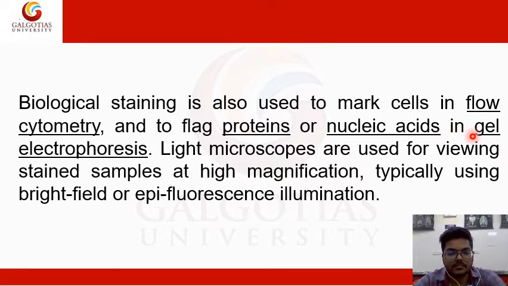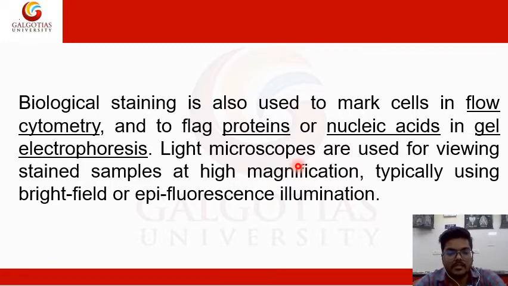Now another thing: light microscopes are used for viewing stained samples at high magnification, typically using bright field or epifluorescence illumination. These bright field and fluorescence illumination are the different types of microscopes which we use in the microbiology lab. Light microscopes are the most common microscopes used in any type of lab, because the source of light is a bulb or sunlight.